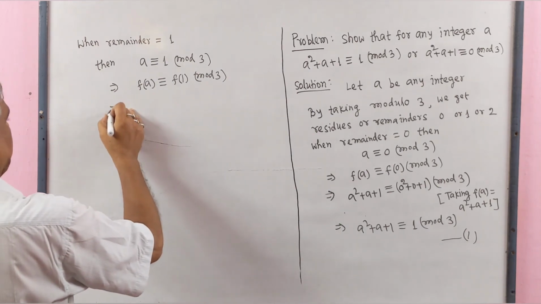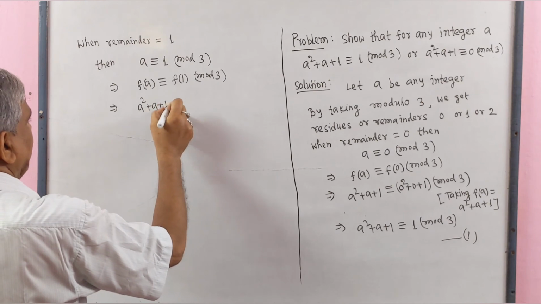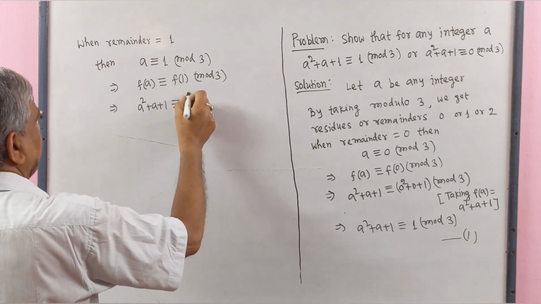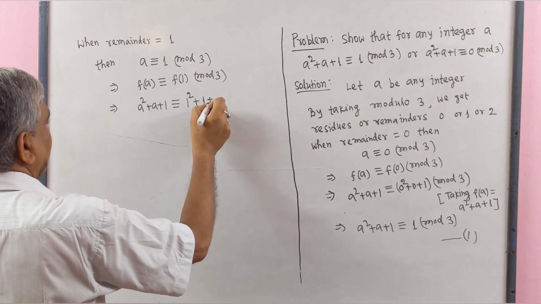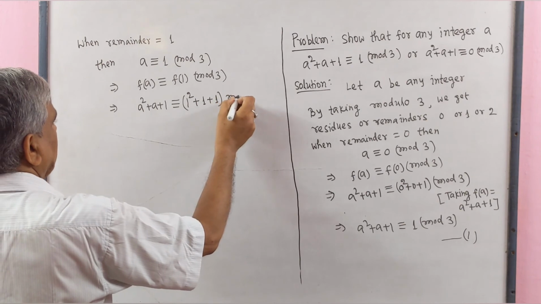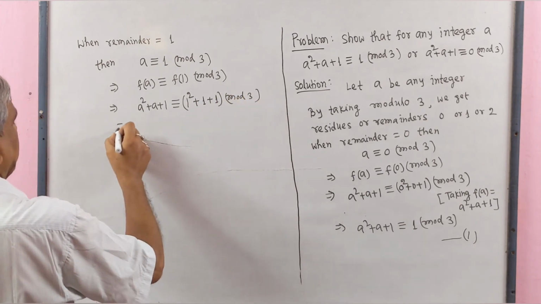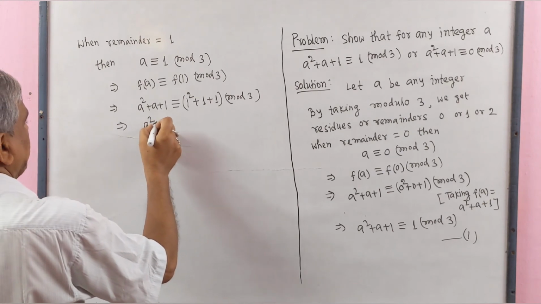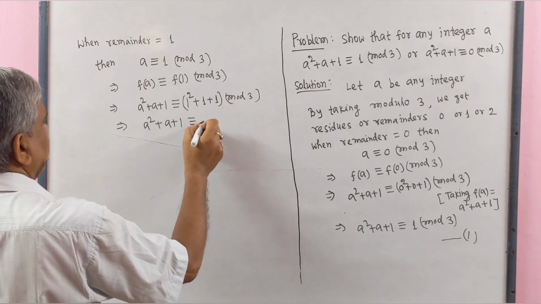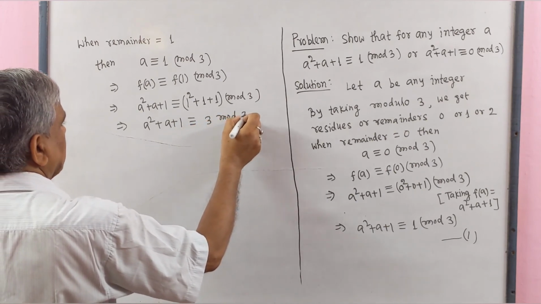Let f(a) equal a squared plus a plus 1 congruent, in place of a we write 1 squared plus 1 plus 1 modulo 3, implies that a squared plus a plus 1 is congruent to 3 modulo 3.